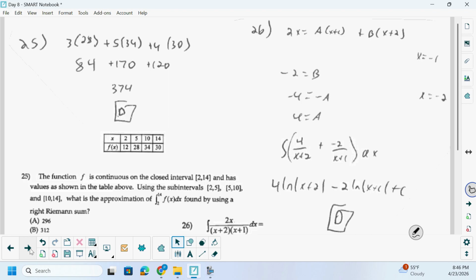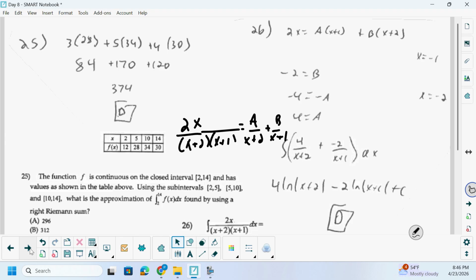26, we have a partial fractions. Initially, you'll do 2x over x plus 2 times x plus 1 equals a over x plus 2 plus b over x plus 1. Multiply everything by that common denominator, and then that gives you this line here. Pick strategic values of x to let it equal.